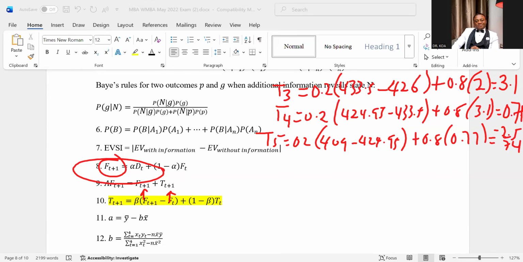And then the last one is your T6. T6 will require the same 0.2 into bracket 403.3 minus what we had before, 409. Plus the 0.8 into bracket what we just had, negative 2.574.